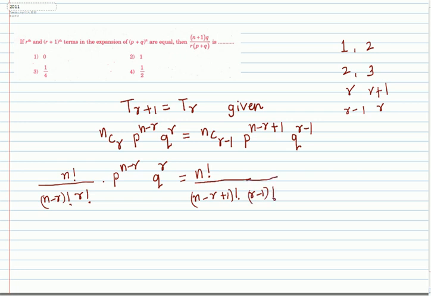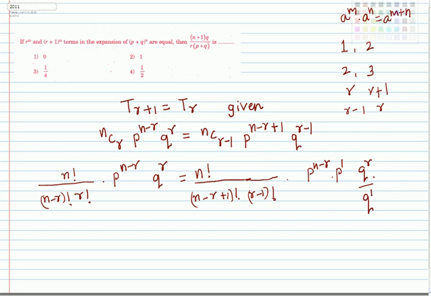Into p raised to n minus r into p raised to 1, using the theory of indices, a raised to m into a raised to n is always equal to a raised to m plus n, into q raised to r into q raised to minus 1, which can be taken to the denominator, hence it becomes q raised to 1.